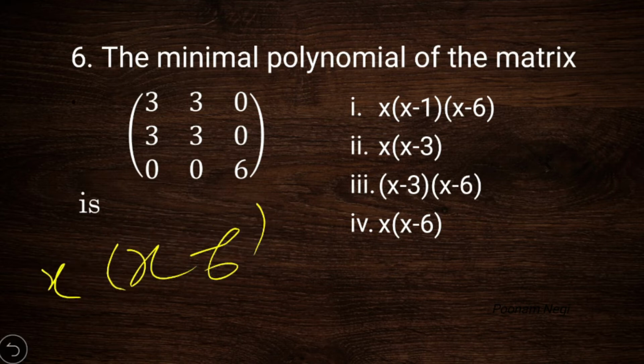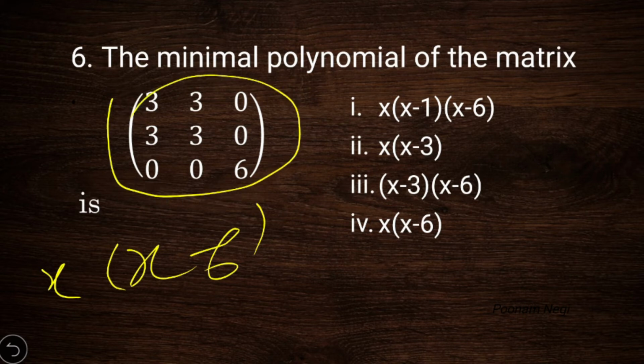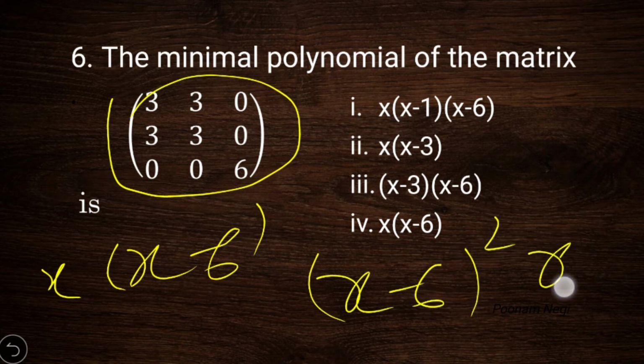And for this matrix C, the choice of polynomial will be (x minus 6) square into x.